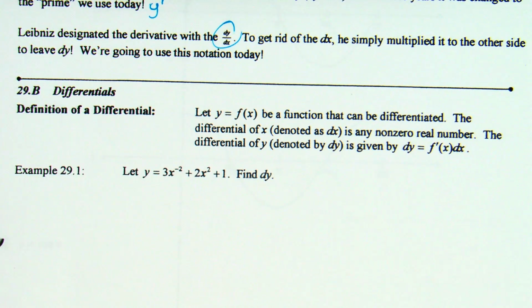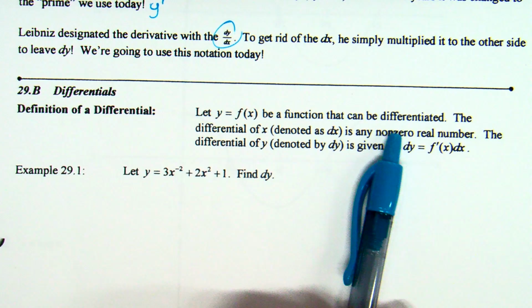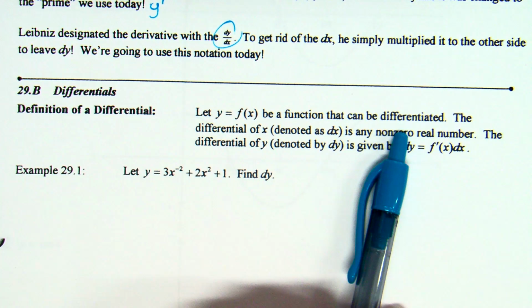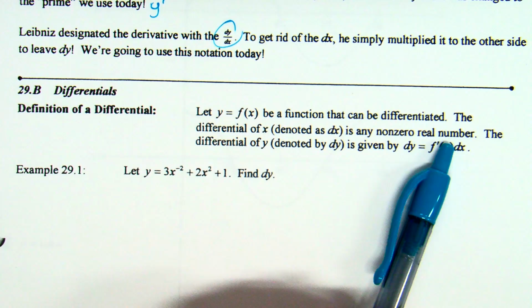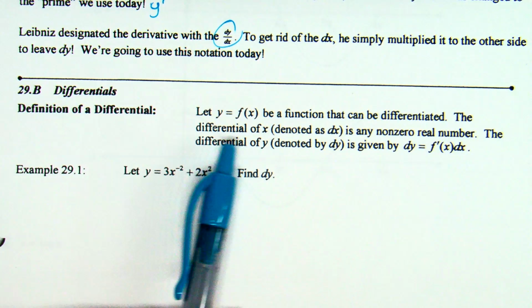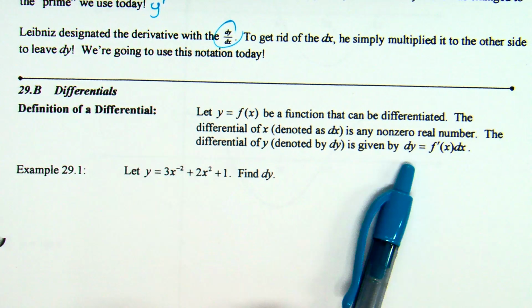Now, let y equals f of x be a function that you can take the derivative of. That's what that's saying. The differential of x, denoted as dx, is any non-zero real number. The differential of y, denoted by dy, is given by dy equals f prime of x dx.